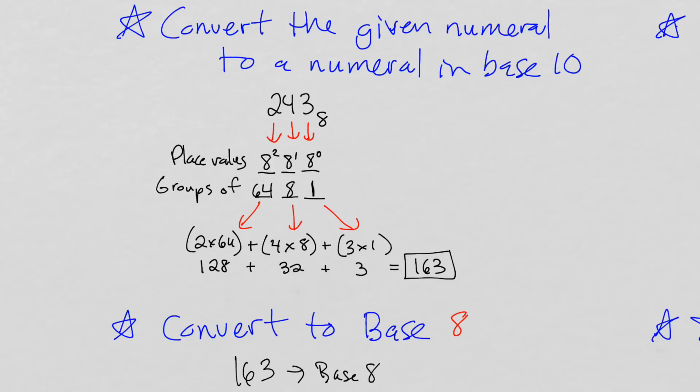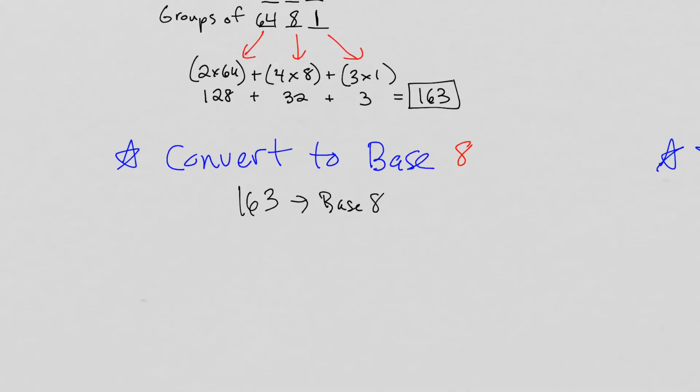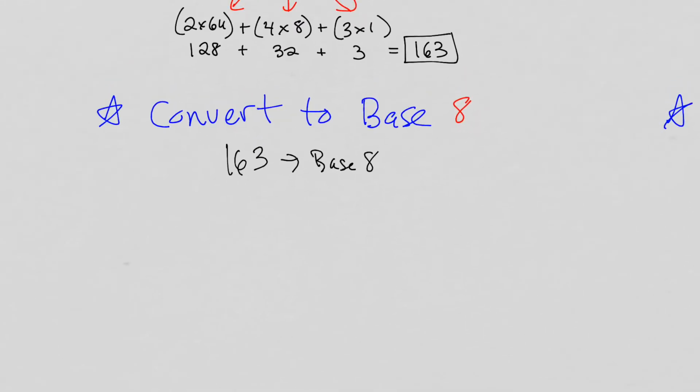Now let's say we wanted to convert 163 back to base 8. How do we go about that? Well, we have to know what our place values for base 8 are, which we just talked about above. The first 3 would be, of course, the ones place, the groups of 8, and then groups of 64.